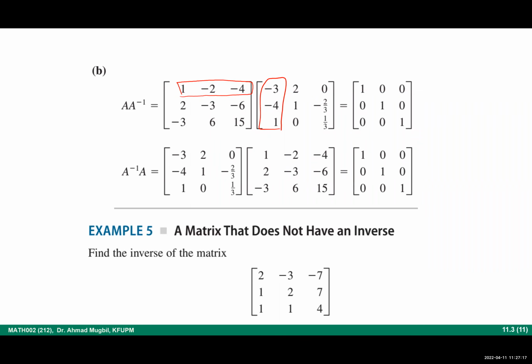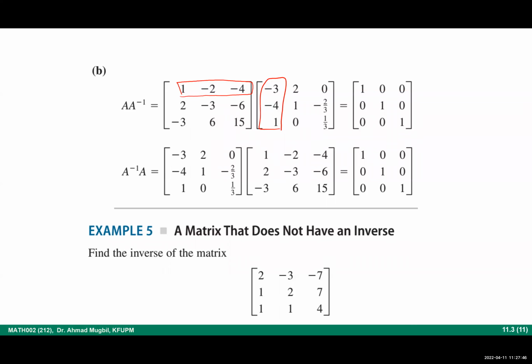As I told you, not all matrices have inverses, because some matrices are not regular, they are singular matrices, they are not invertible, like this one. Look at this matrix. We will see in the next section a very nice criterion to know whether the matrix is invertible or not, just by finding the determinant.